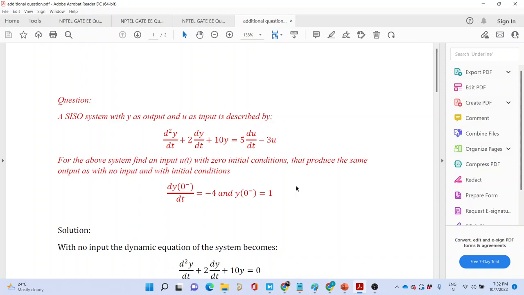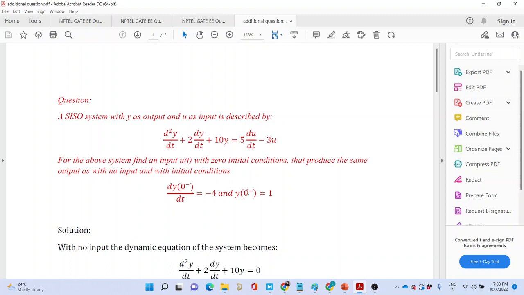No, sir. Solving. How are you approaching it? I put the first equation equal to 0 and then applied the initial conditions, by putting minus 4 in place of 2 dy by dt and 1 for y.